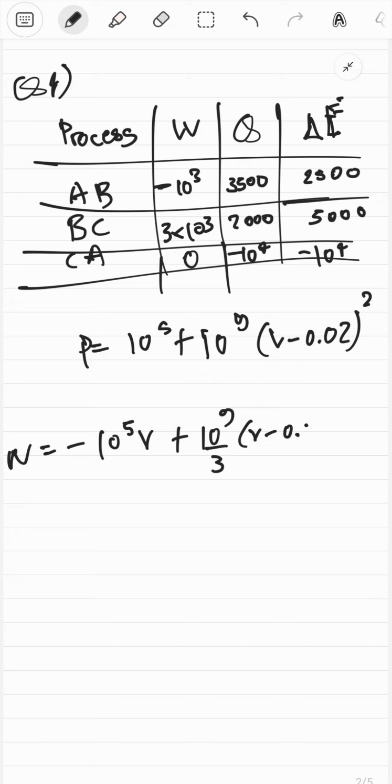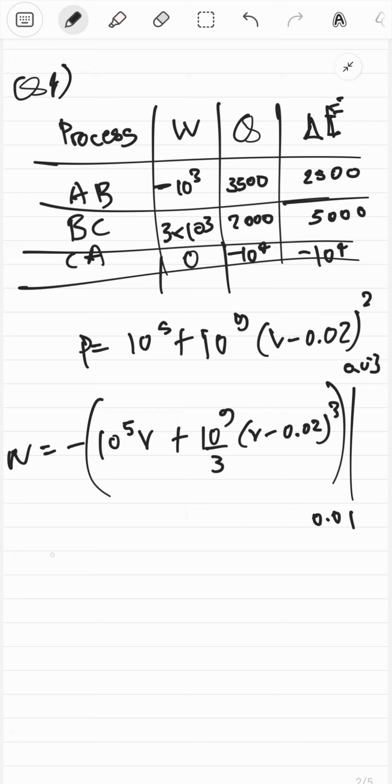So (V minus 0.02) to the power of 3. And this is going from V equal to 0.01 all the way till 0.03. And we are going from A to B, right? So this is the thing.